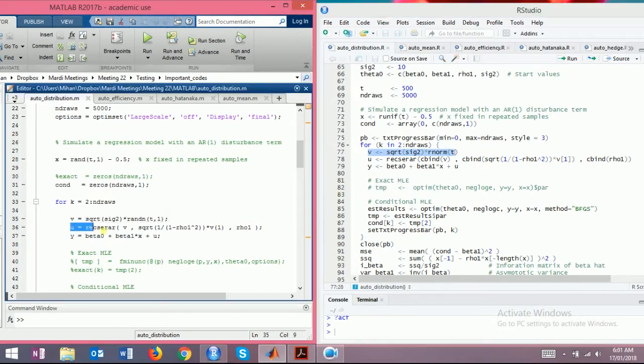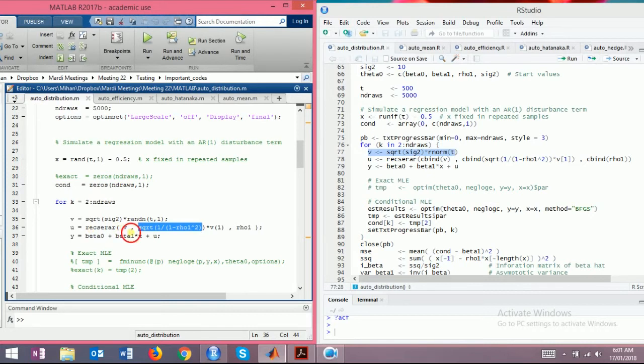u is equal to, now we want u to be a recursive series, rexr, and v, then square root of 1 by 1 minus rho square multiplied by v1. Let's see what the rexr function inputs were.